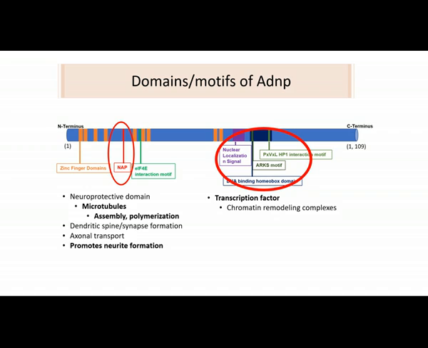In the C-terminal region, ADNP has a nuclear localization signal and DNA binding domain, indicating that ADNP functions as a transcription factor.